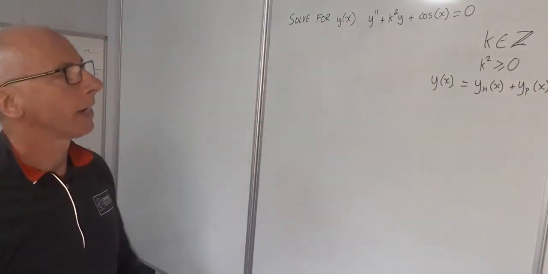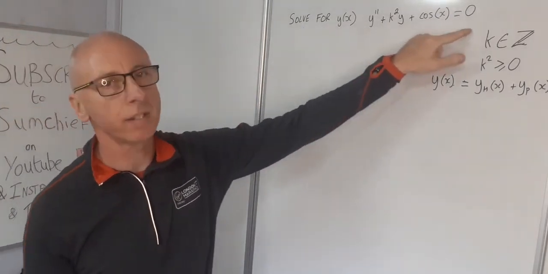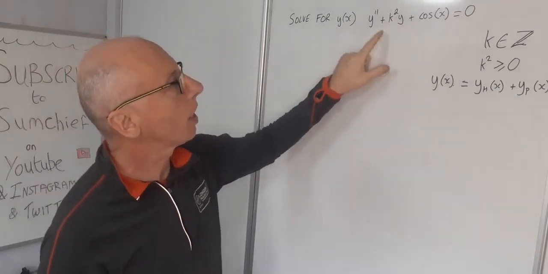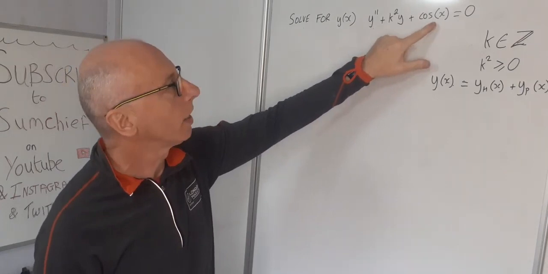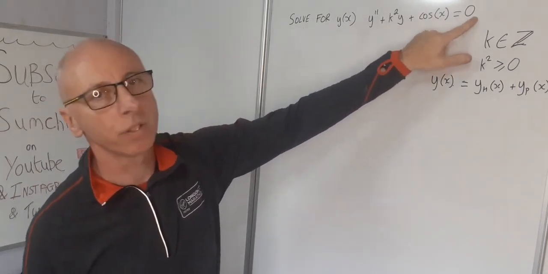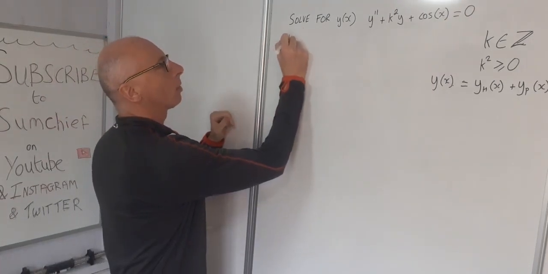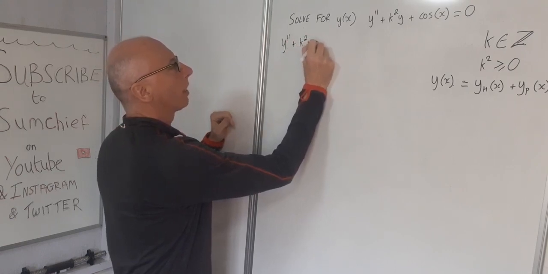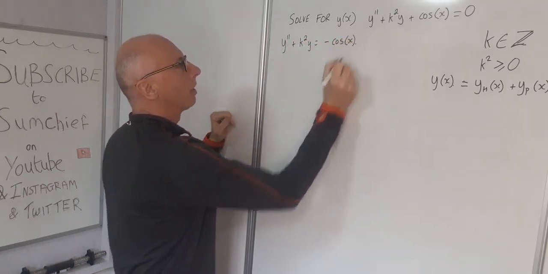Okay, now the homogeneous solution is when we're going to set this to 0. But before we start, there's a little bit of a tidy up we need to do, because we need the y on one side and the cosine of x, which is our independent variable, on the other side. So we're just going to rewrite this: y double prime plus k squared y equals minus cosine of x.